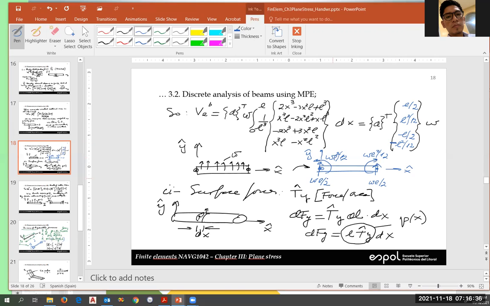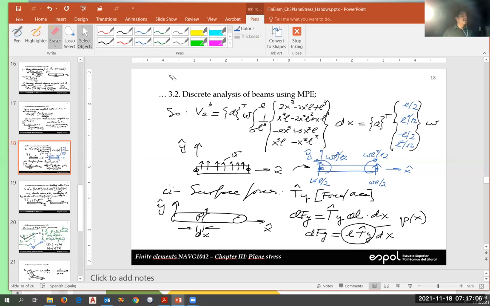Doctor, I have a question. This is for a constant load distribution, no? Yes, but what you can do is set up this w in a different way, and you just integrate.